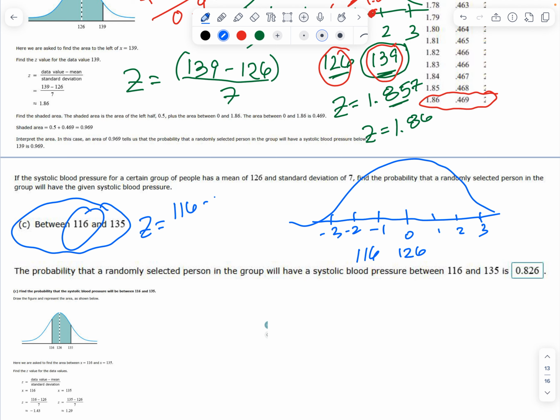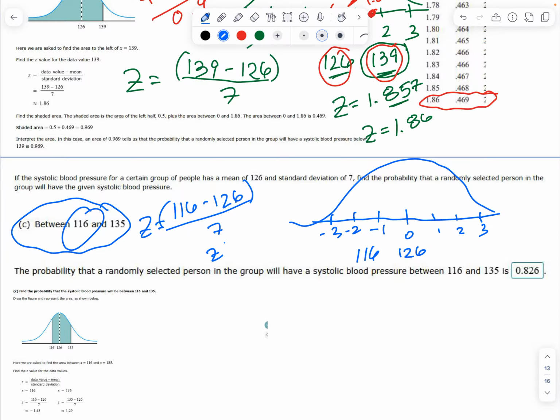116 minus 126 over 7. Be super careful. Make sure to do the subtraction first, right? Otherwise you're going to get something that's not right for your z-score. On my calculator, if I do 116 minus 126, I get negative 10, divided by 7.